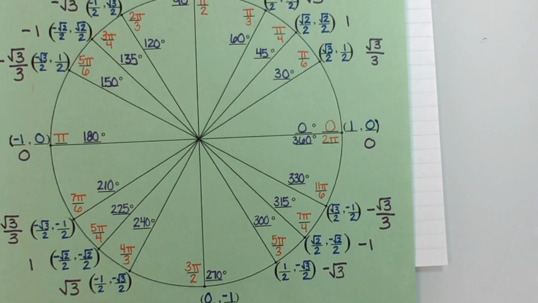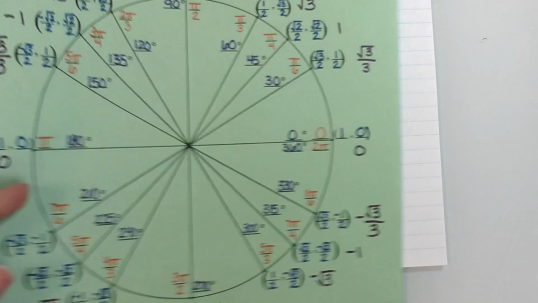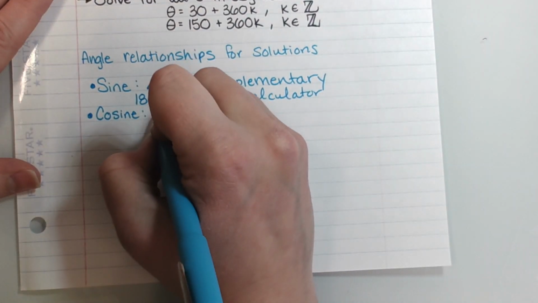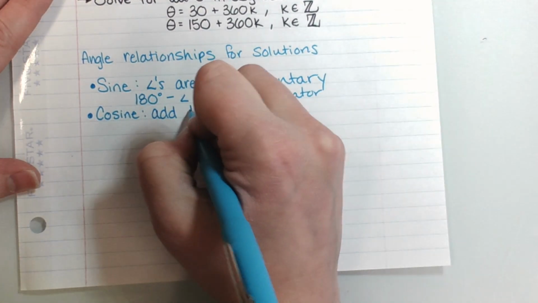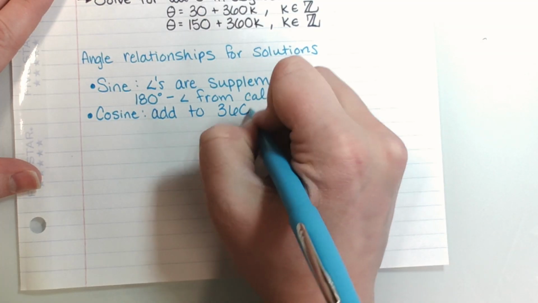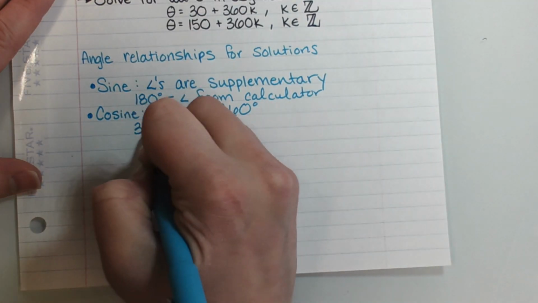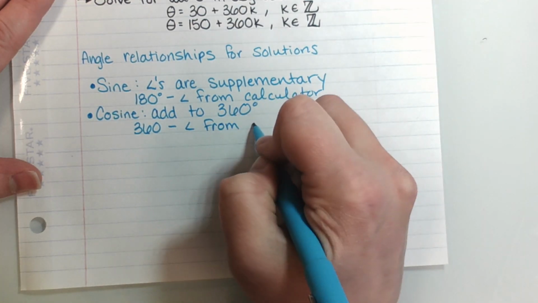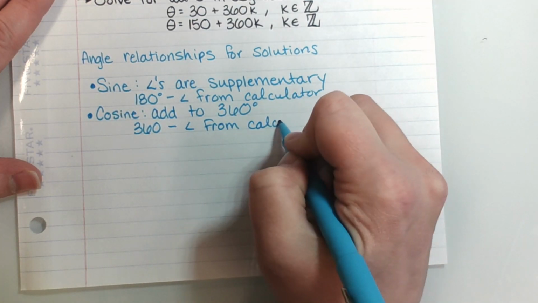What do they add up to? 360. There's not a term for that. So you take 360 minus the angle from the calculator, and that'll get you the second angle.